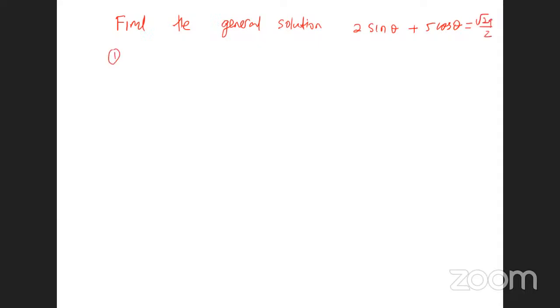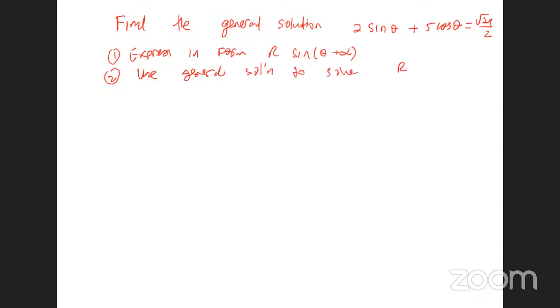So step 1, express in the form r sine theta plus alpha. Step 2, use the general solution to solve r sine theta plus alpha is equal to root 29 on 2. All right, take 2 minutes and try this.